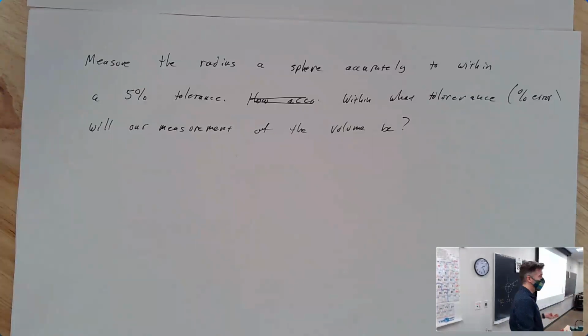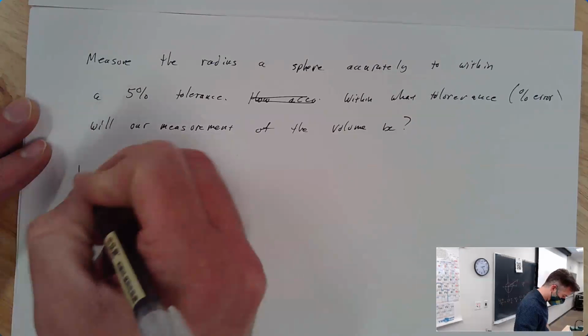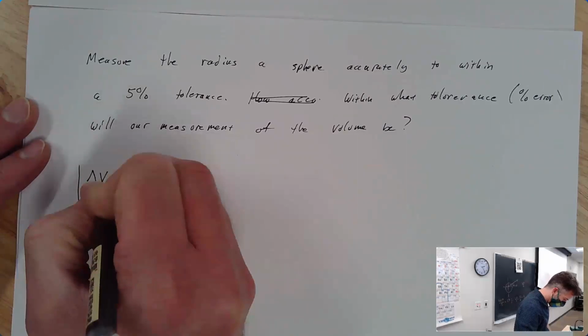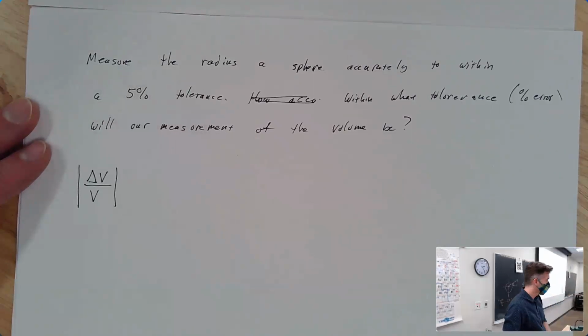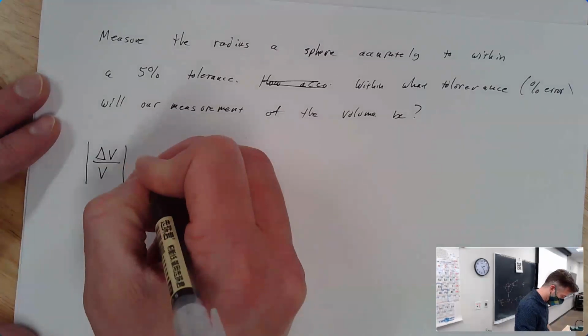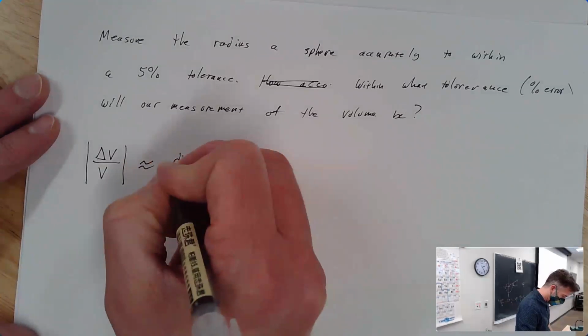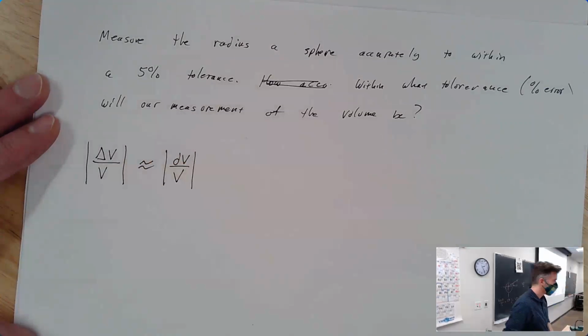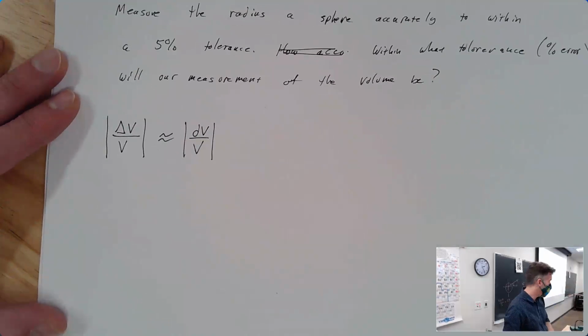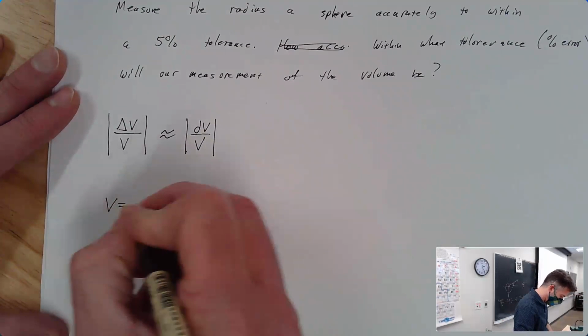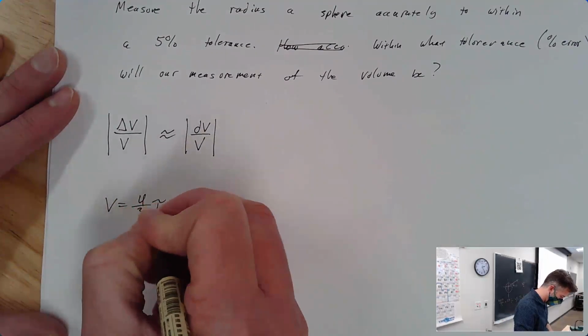And here's where I would start. I'm going to let you guys work on this for a minute. You're trying to figure out what delta V over V is. And we're going to approximate that with dV over V. And in case you forgot, the volume of a sphere is given by 4/3 pi r cubed.